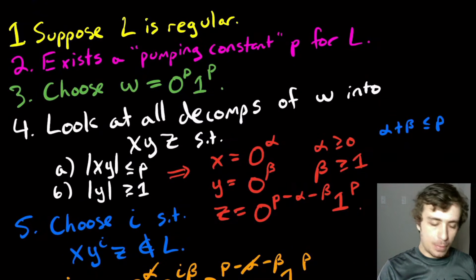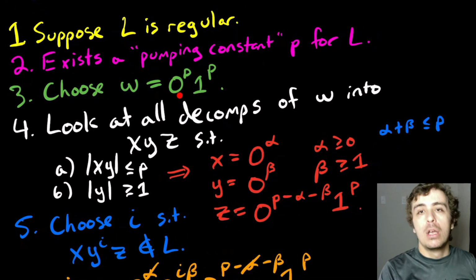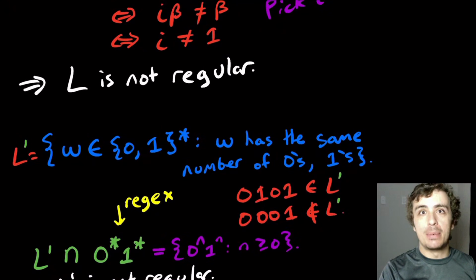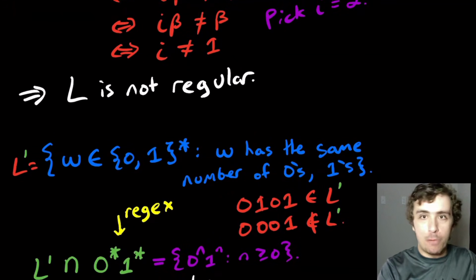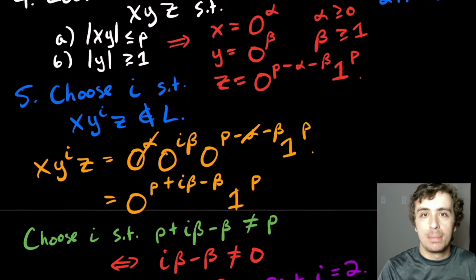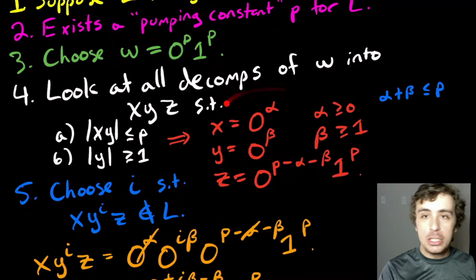Suppose I just change this to L prime. Here, this string is in the bottom language because it has the same number of zeros and ones. We don't enforce any ordering here, so as long as it has the same number, that's all we care about. So here, it's the same string. Therefore, all of the decompositions are exactly the same.